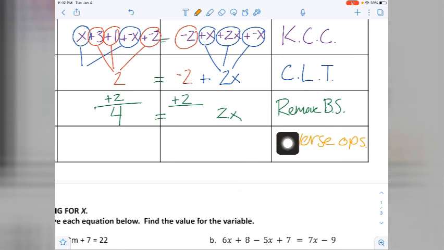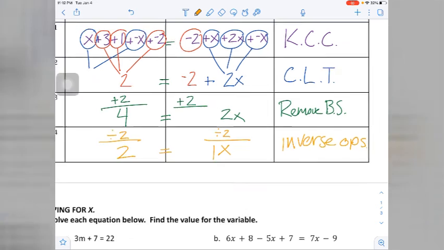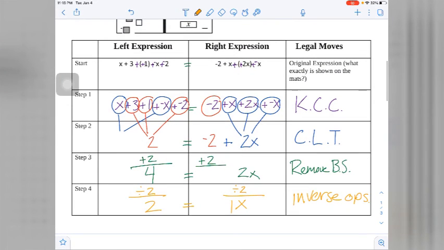So if I want to get rid of it, I have to do the opposite operation. And the opposite of multiplying is dividing. So I'm going to divide by 2 here, and I should get an x. 2 divided by 2 is 1, so I have 1x. And then 4 divided by 2 is 2, so x should equal 2. So that is all the simplifying for this problem.